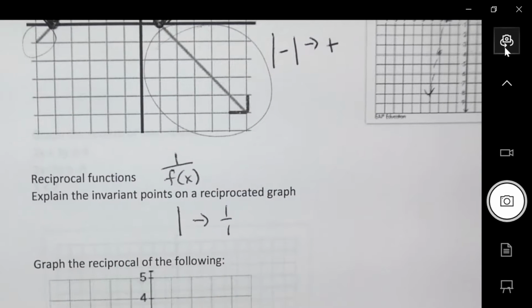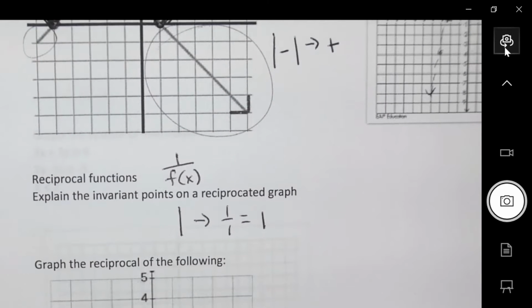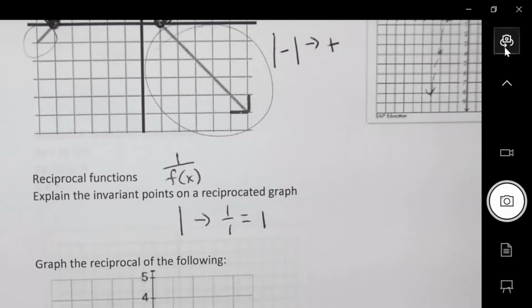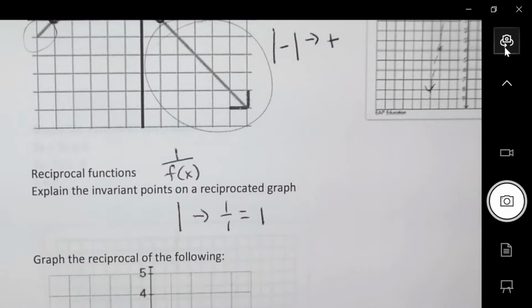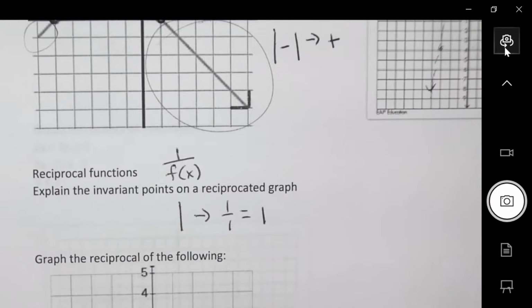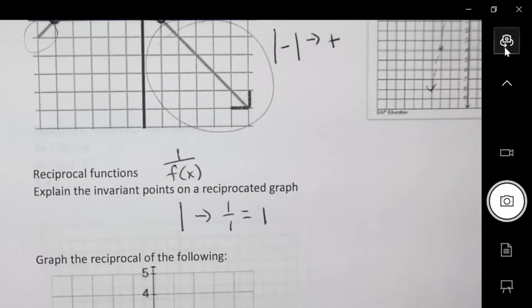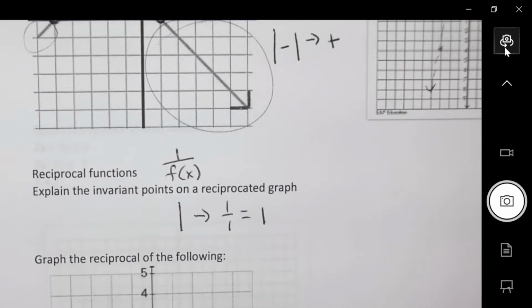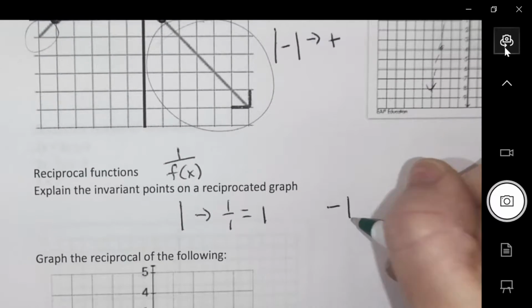Because when you flip it, it's still 1. What other number? There's 2 numbers in math. What's another number that would do that? -1.